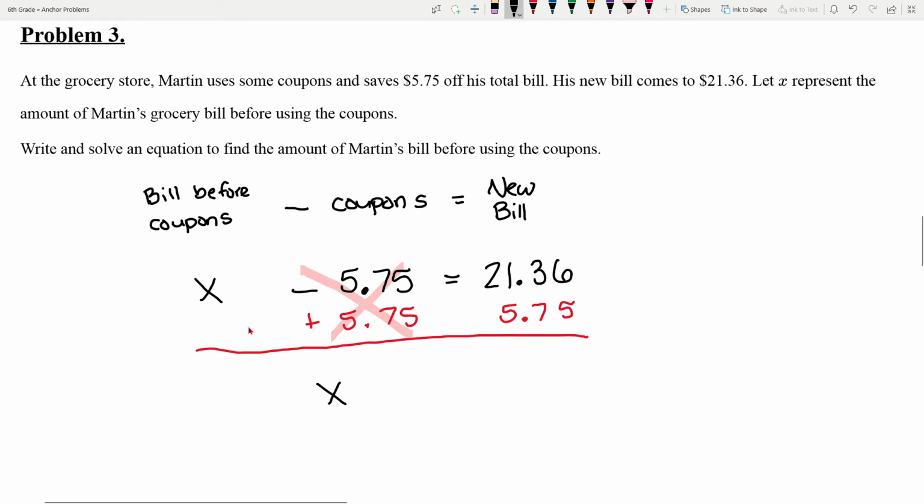We're left with just the X on the left side, equals, and we add this up, $27.11. So $27.11 was the bill before the coupons.